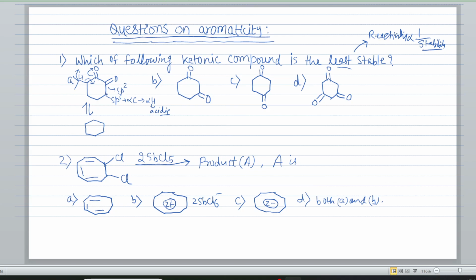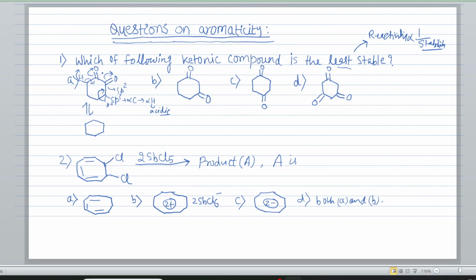Likewise, we will remove H plus from this carbon atom. Again a carbon carbon double bond will be formed, and in order to maintain the tetravalency of carbon, this carbon oxygen pi bond gets dissociated heterolytically, and this oxygen will acquire a negative charge.